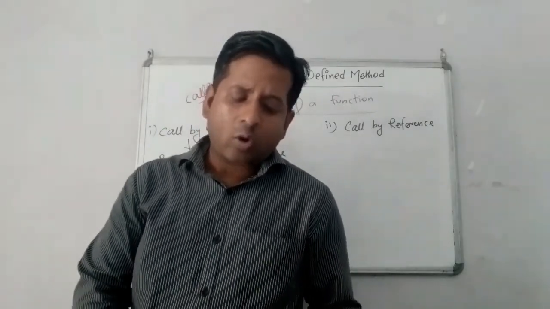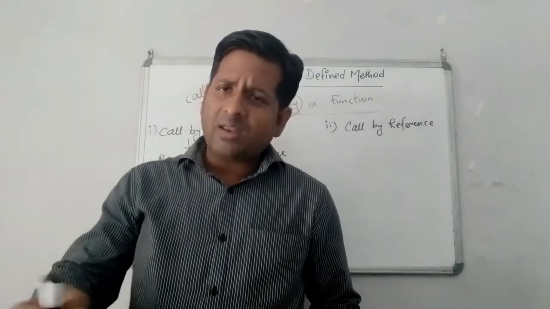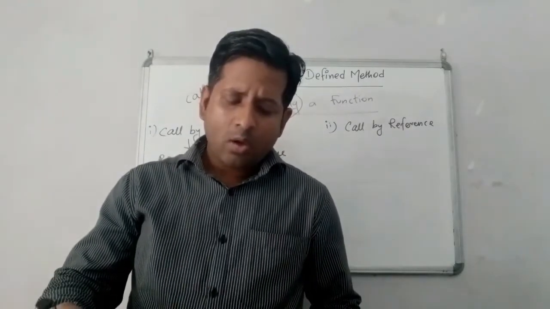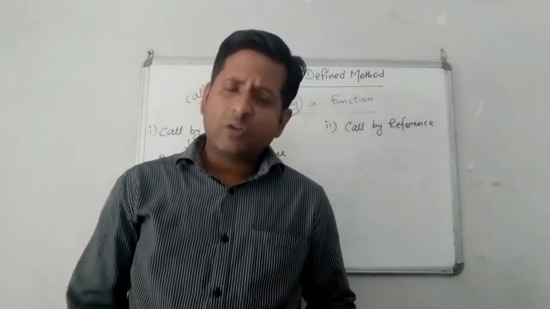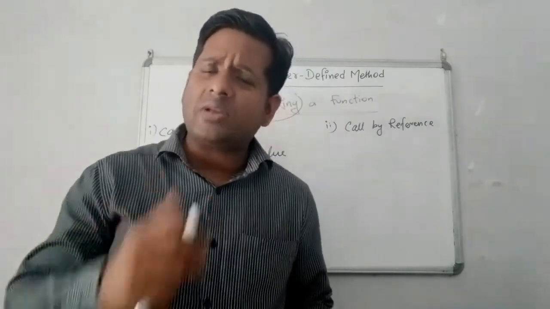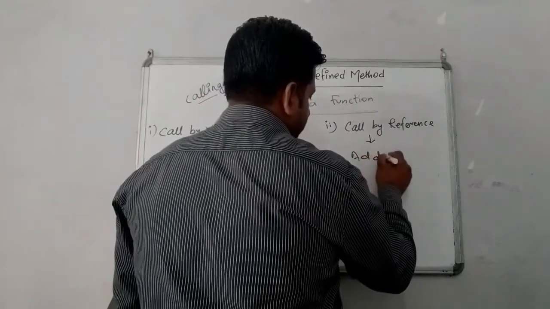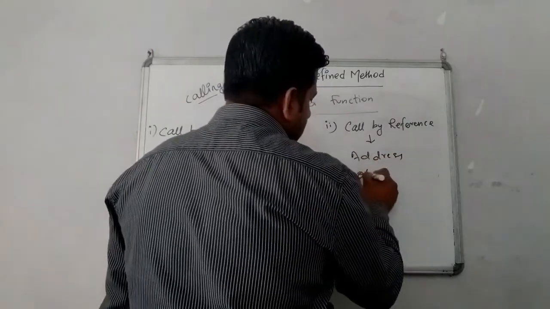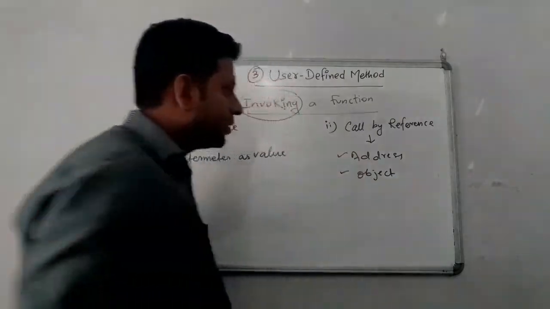So when we call any function with the help of a reference, that is, with the help of an address, here you can say address, object. These two terms are used.